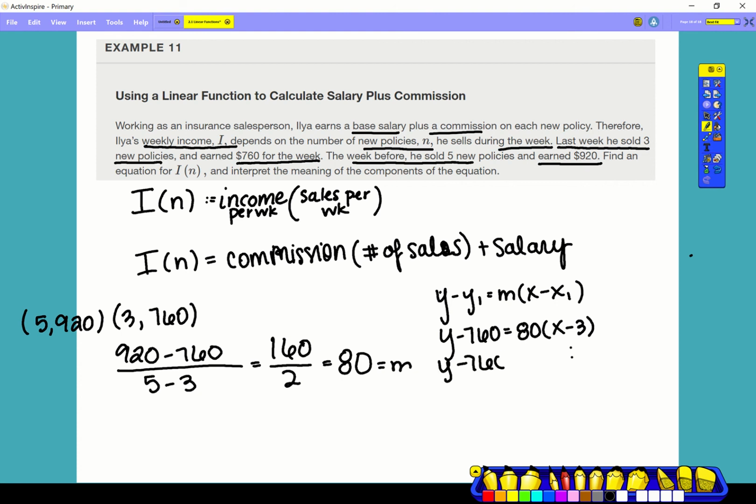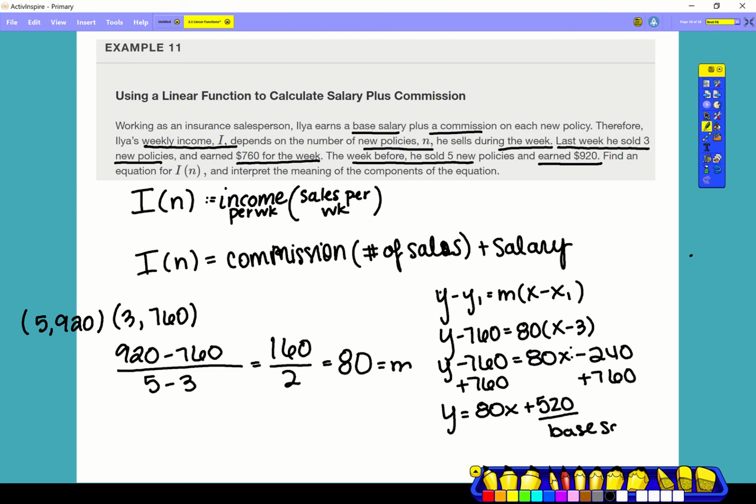Y minus 760 equals 80x minus 240. I'm going to add that 760. And that's going to give me y equals 80x plus 520. So this is his base salary per week.